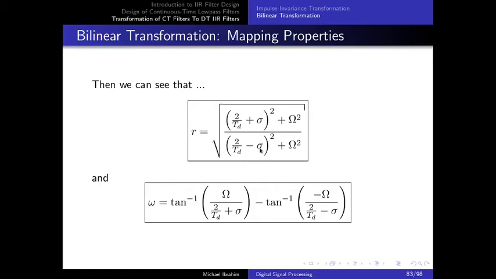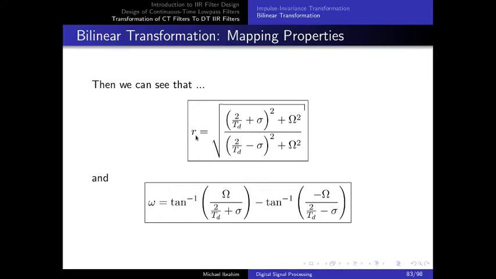And if sigma is equal to 0, this means that the numerator and denominator are equal to each other, which means r is equal to 1. In other words, the j omega axis itself is mapped on the unit circle. And if sigma is larger than 0, which corresponds to the right half plane of the s domain, you will find out that the numerator is larger than the denominator and r would be larger than 1.